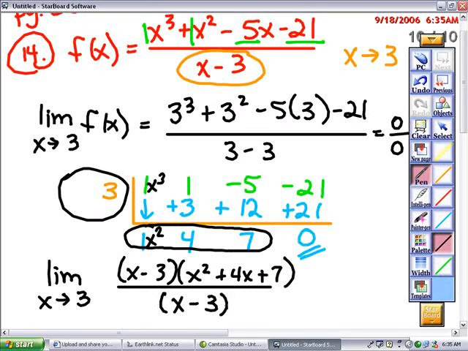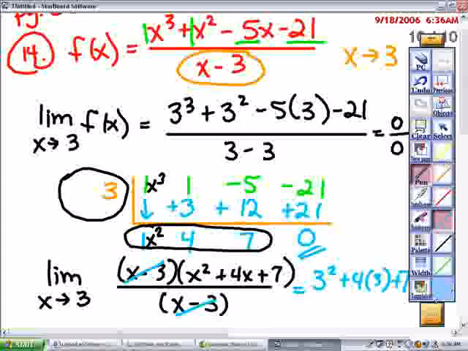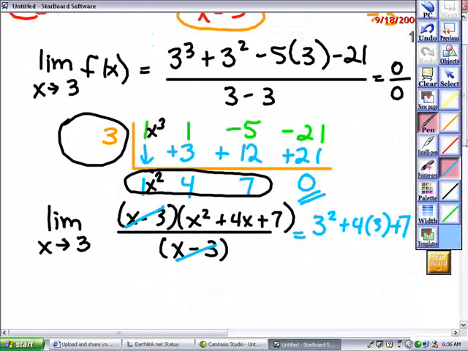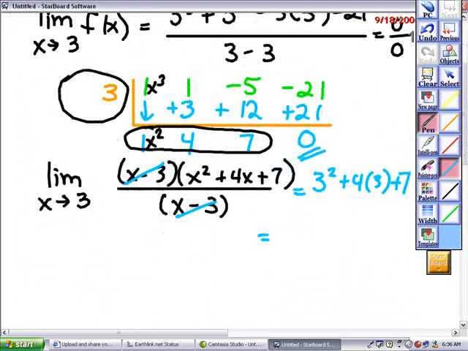And now it's just like number 12. I can cancel the factor that creates a hole, and then I can use direct substitution and evaluate the limit. So my limit here is 9 plus 12 plus 7, which is 28.